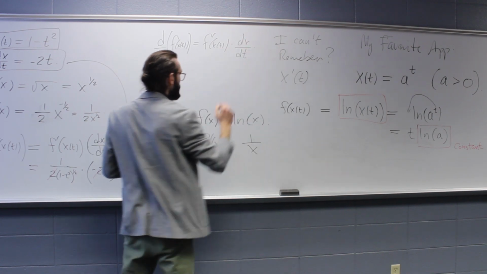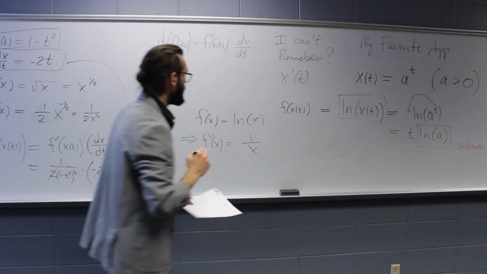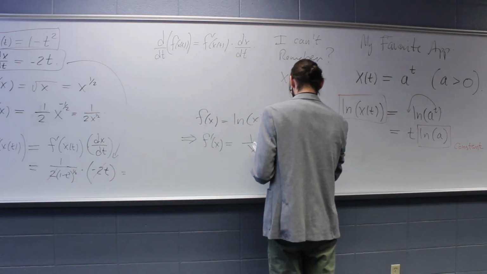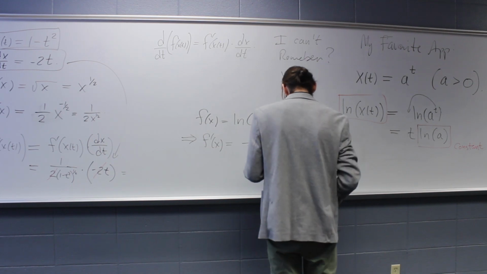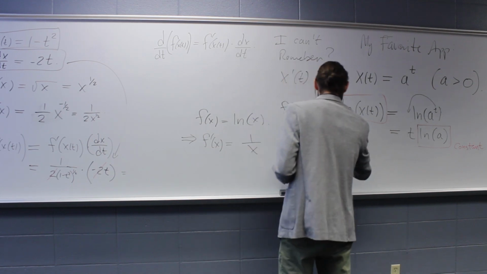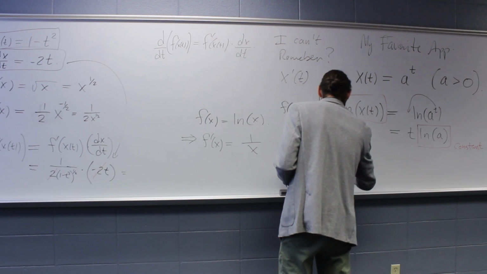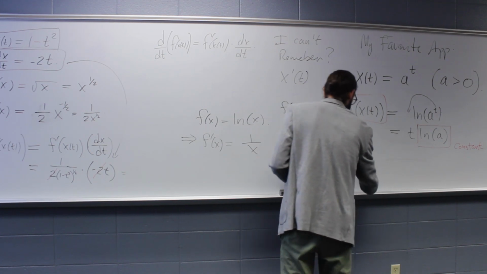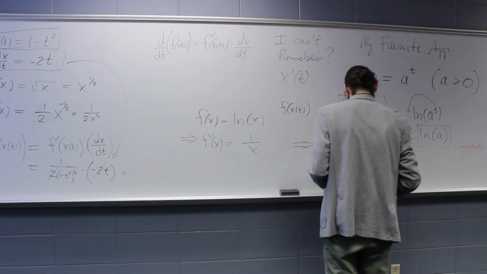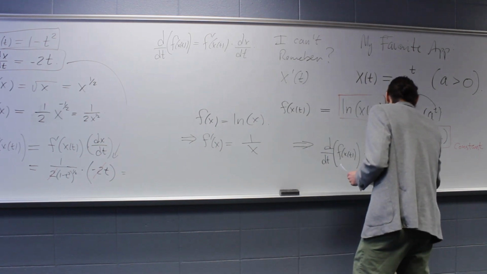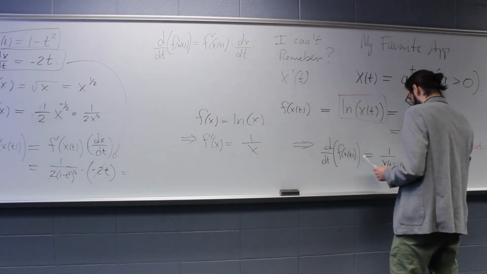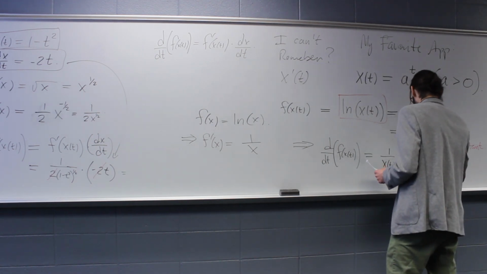So if we take a derivative here, we're going to get d by dt, 1 over x of t times dx/dt.